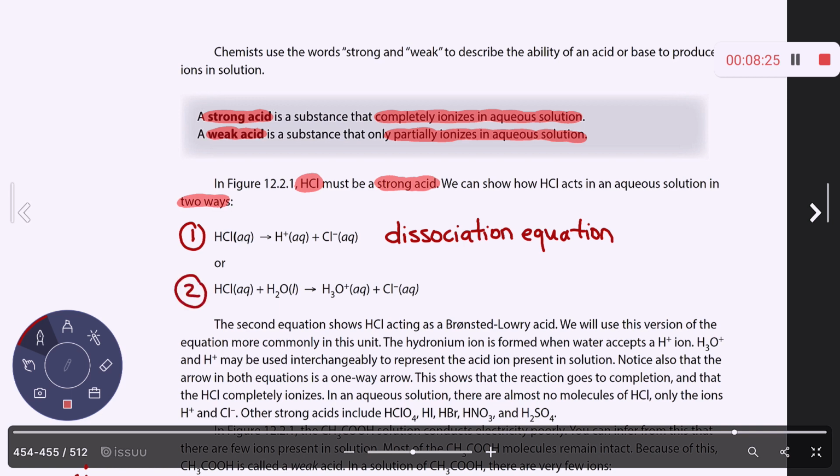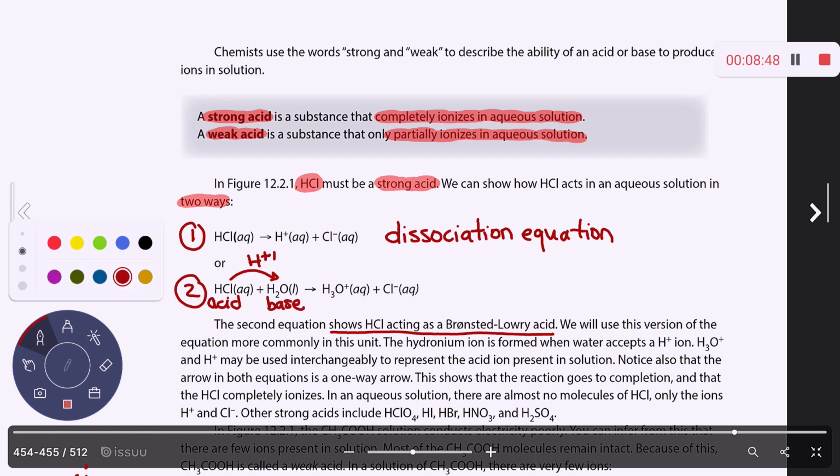The second way is to show HCl acting as a Bronsted-Lowry acid. So here we have our acid, and it is giving a hydrogen to water. So that makes water a base.